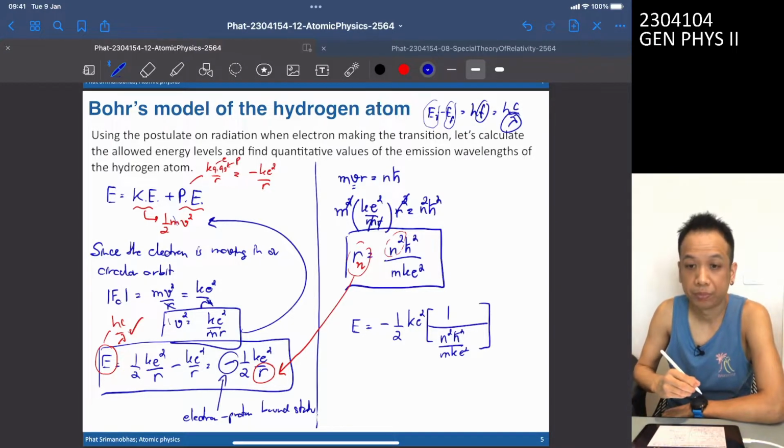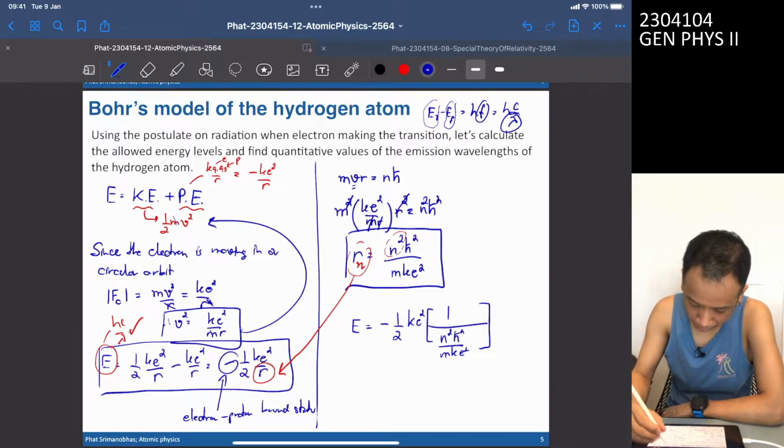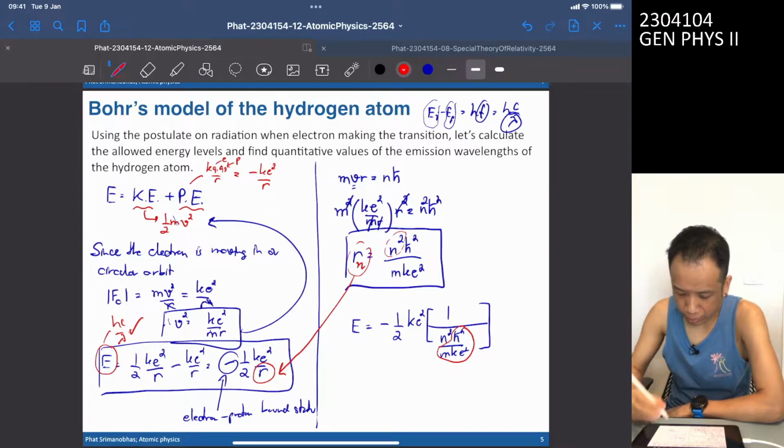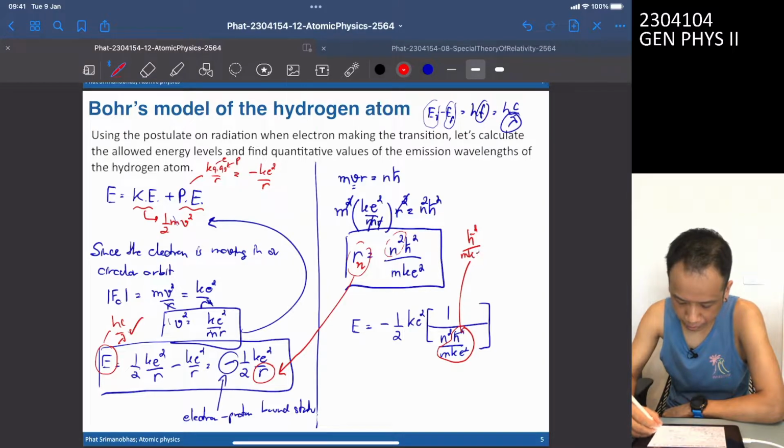If you look at these terms, h bar square divided by mke square, this is what we call the Bohr radius.